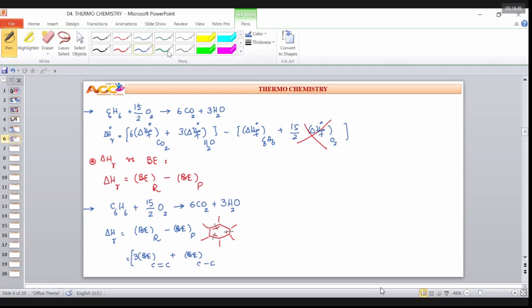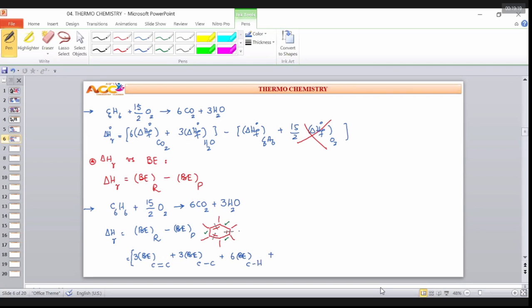How many times do we have it? Sir, it is like this. This is a single bond, this is a single bond, this is a single bond. That means we have 3 times bond energy of C single bond C. Try to understand properly. Then there is one more bond. What is that? Covalent bond. Bond energy of C-H bond is 1, 2, 3, 4, 5, 6. Plus, this is about benzene.